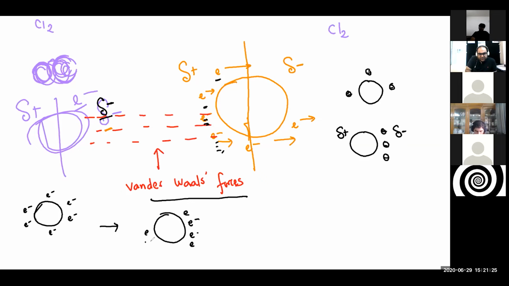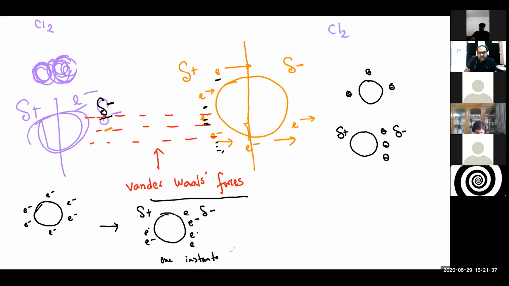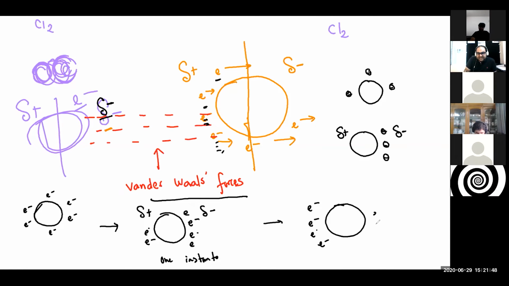Or its distribution was like this. So this side is partially positive, this side is partially negative. This is on one instance. In the next moment, it could be that this side now has more electrons and this side has fewer electrons.